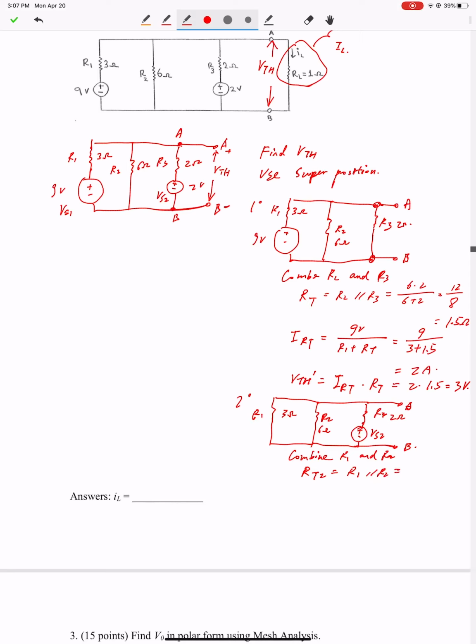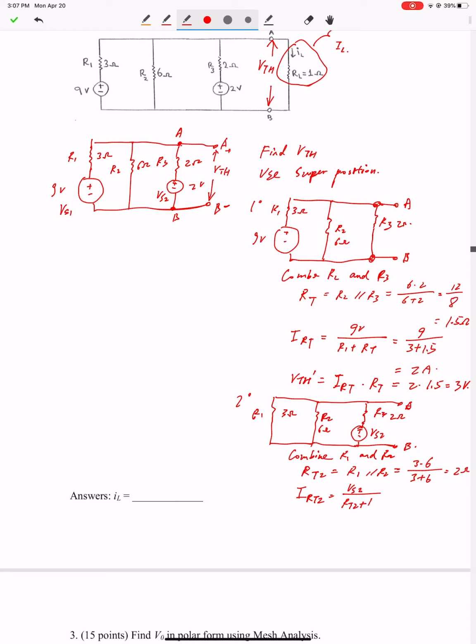That's the combination of R1 and R2, since they are connected in a parallel connection. So the overall resistance is 3 times 6 over 3 plus 6. That gives us 2 ohms. And then the current flowing through RT2 is VS2 divided by RT2 plus R3, because after you combine R1 and R2 as RT2, RT2 is connected in series with R3, right?